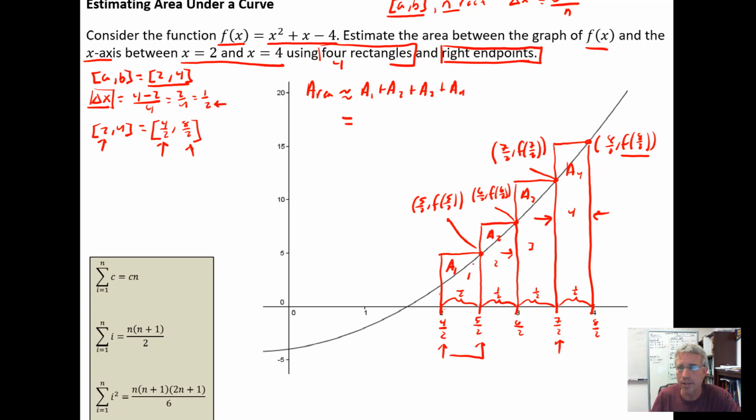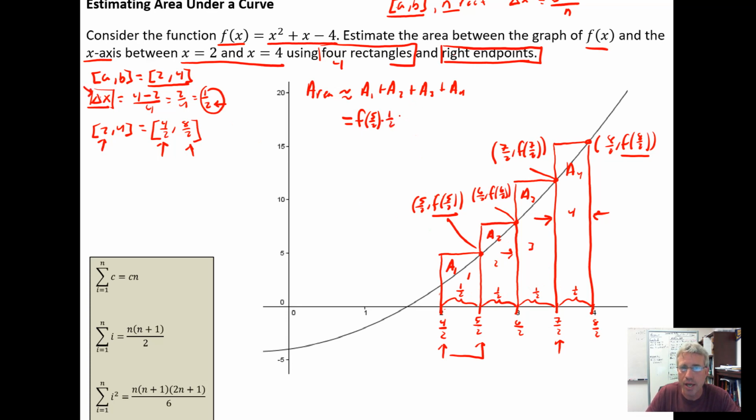But the area of rectangle 1 is just the height of the rectangle, which is the function evaluated at 5 halves, times the width. But the width of each of the rectangles is a half. That's my delta x calculation over here.